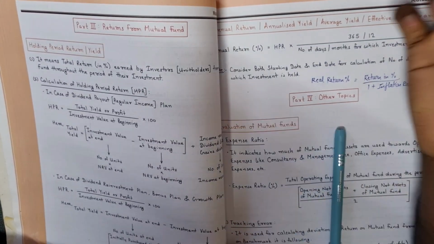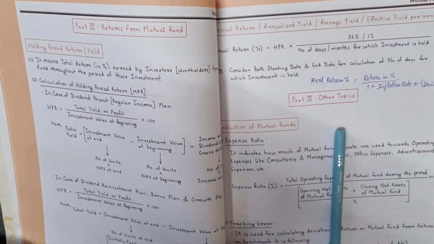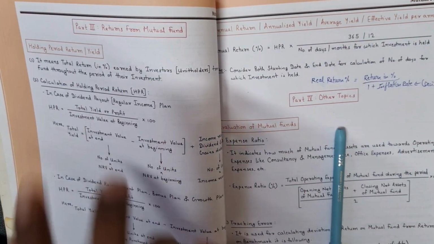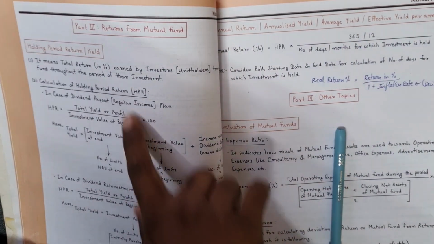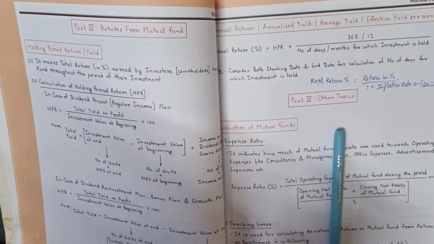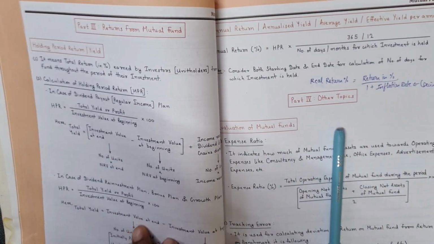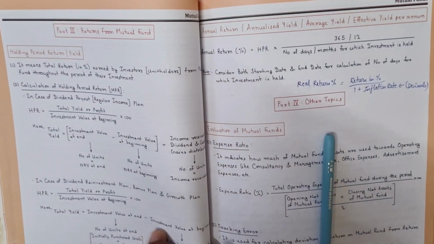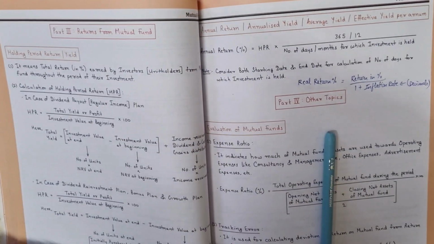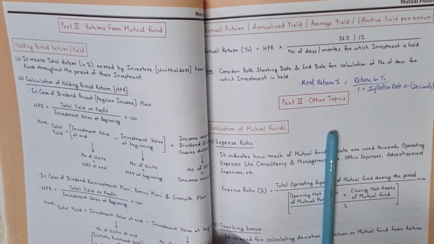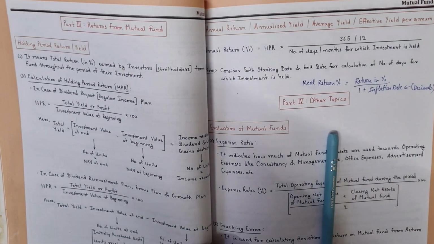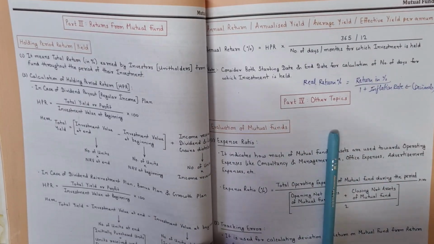Now you might ask what is new here. Total yield or profit is the same formula, but here total yield is equal to investment value at end minus investment value at beginning. There is no concept of dividend here because dividend is not paid out.